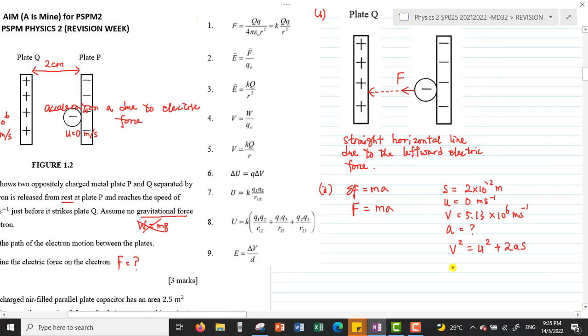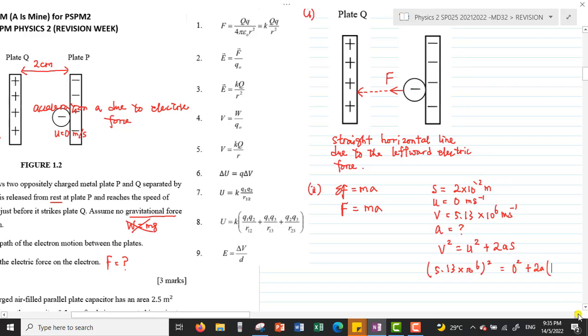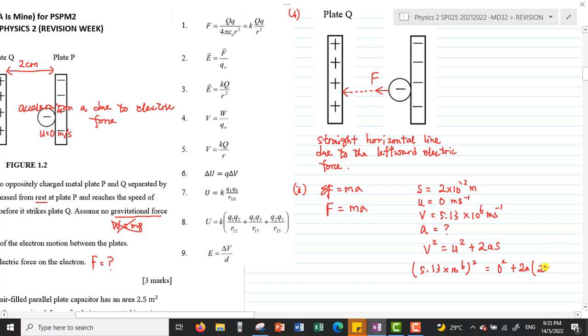So we do the calculation. The final speed is 5.13 to the power of 6 squared. Initial velocity is 0, 2a, and the distance traveled is 2 to the power of -2. So I'll get the acceleration will be around 6.58 to the power of 14 meter per second squared. Once I get the acceleration, I can find the electric force.